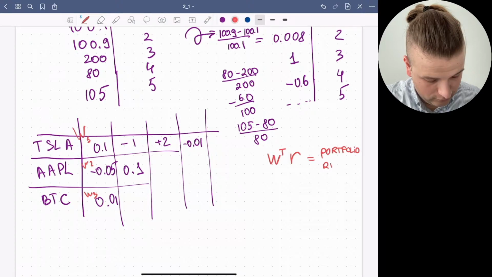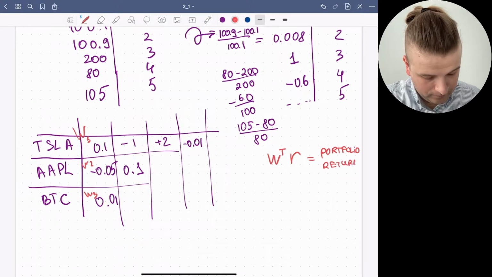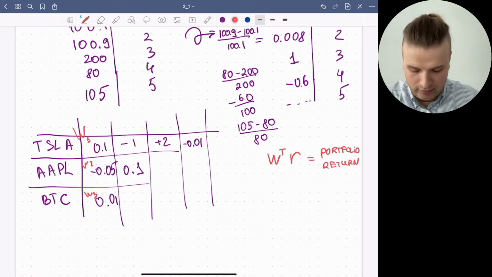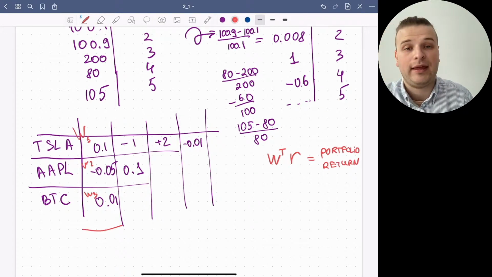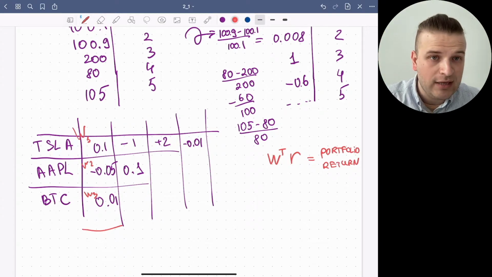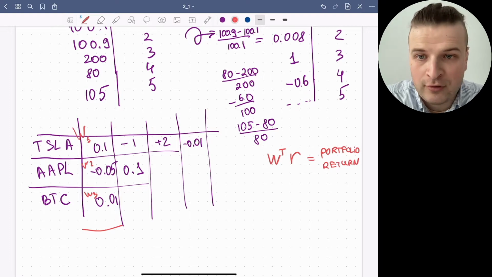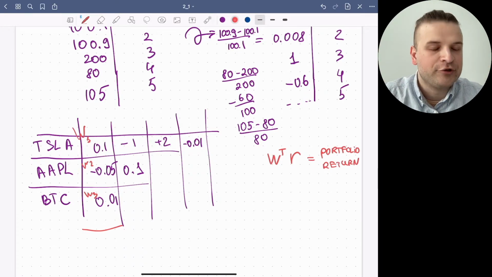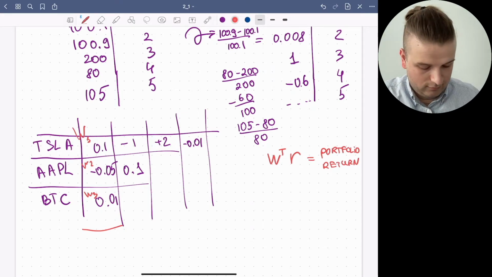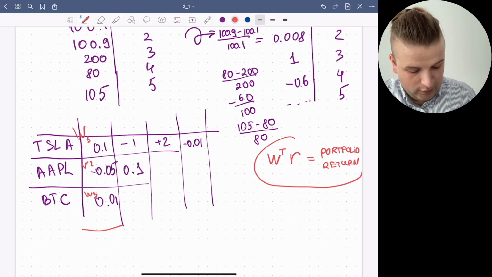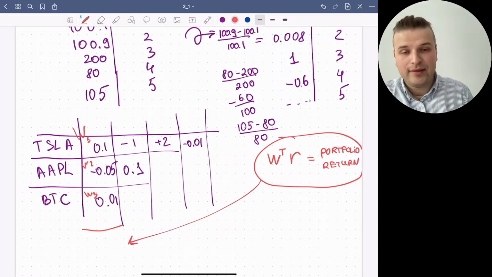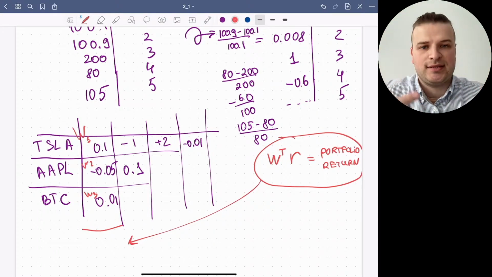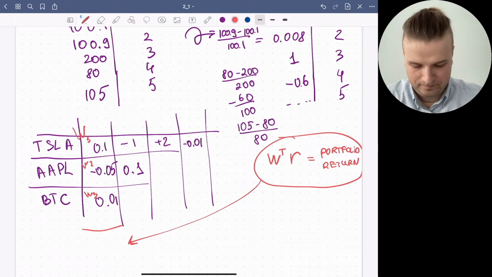Portfolio return. That's the scalar, and that's the price which you have like at the end of the day. At the end of the day, your portfolio in average or in general increased or decreased by this value. All right. Next day the same, next day the same, and so on.